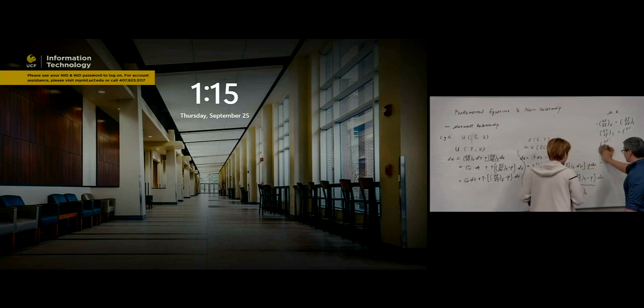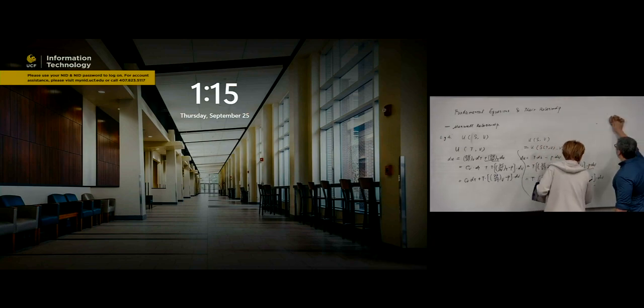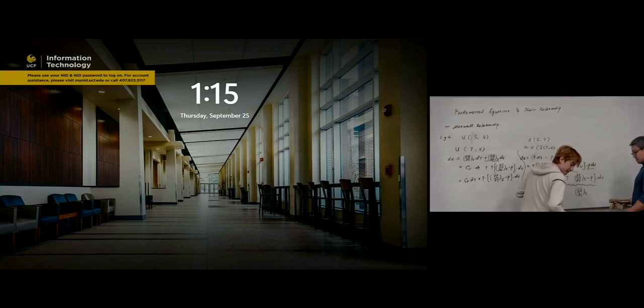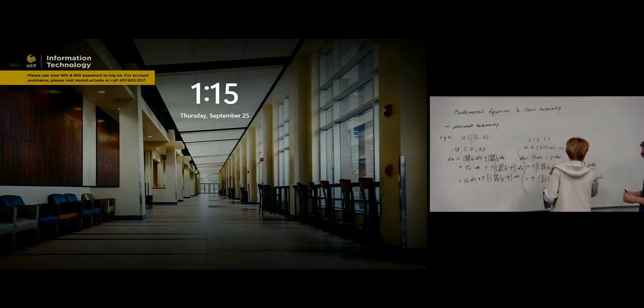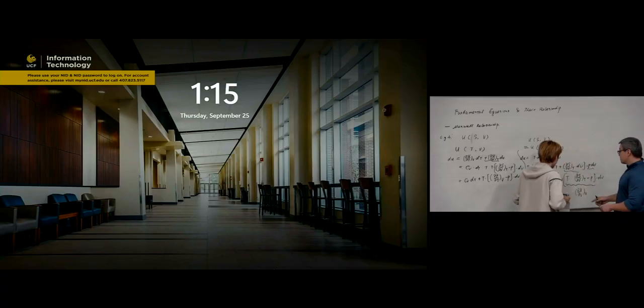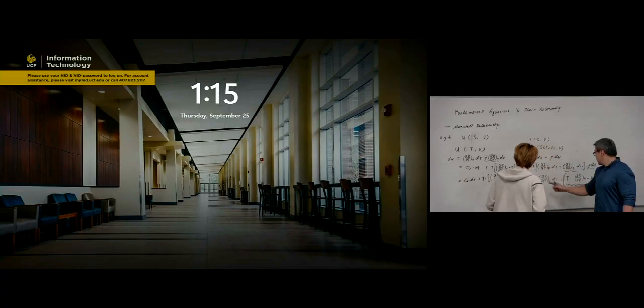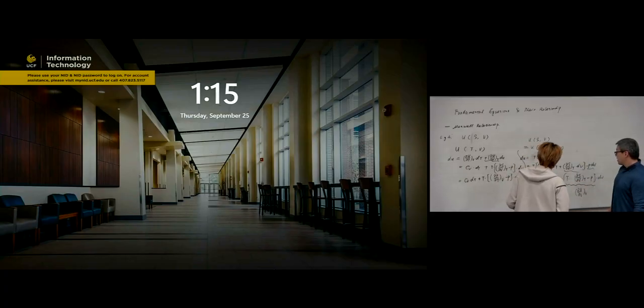I have a question. Yeah, go ahead. I think this is... why is this term usually not... Because this is the equation: du equals something dt and something dv. So this one is partial u, partial v.